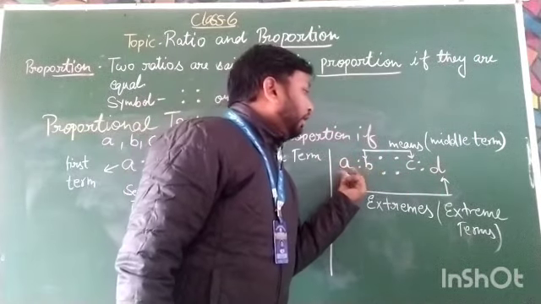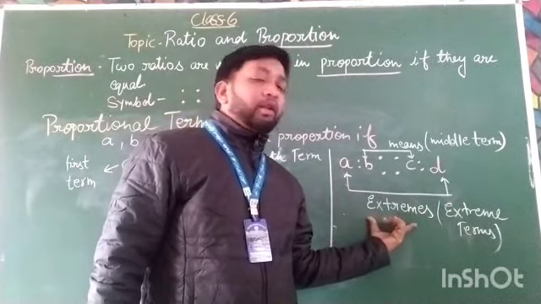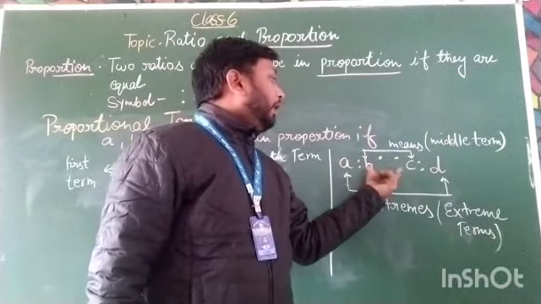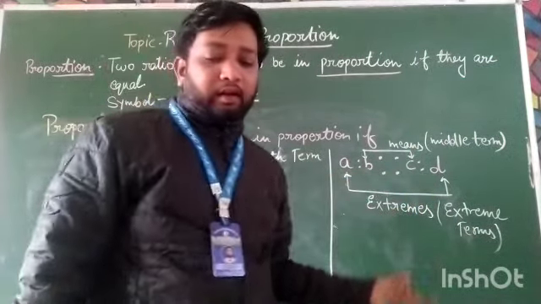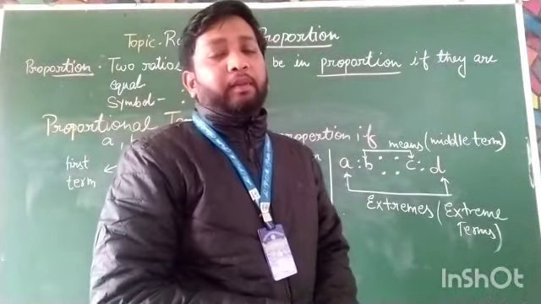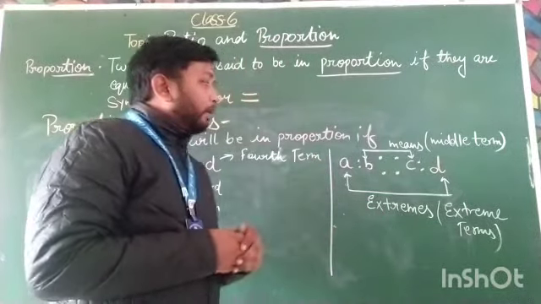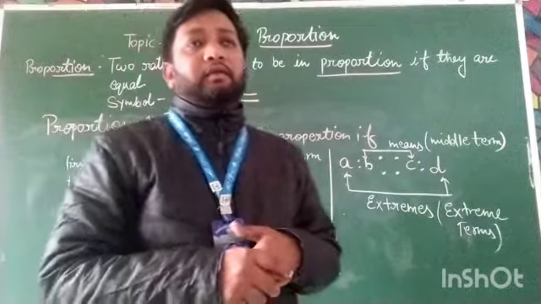The numbers which are the corners of the expression are known as extremes, or extreme terms, and the middle ones are known as middle terms or the means.